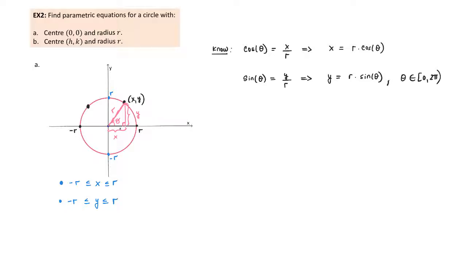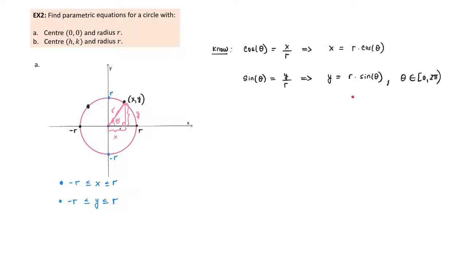I also want you to notice that r times cosine theta, if you were to sketch this in the traditional sense, x is going to be between negative r and r. So that respects this domain of the circle. Same thing with r times sine theta. If you graph this function in the traditional sense, these y values are going to be between negative r and r.